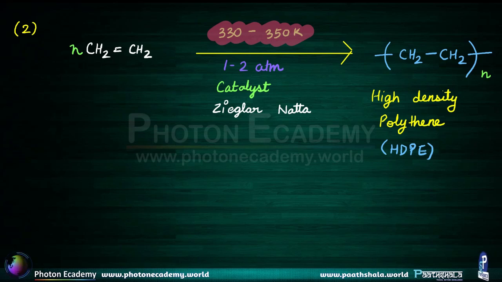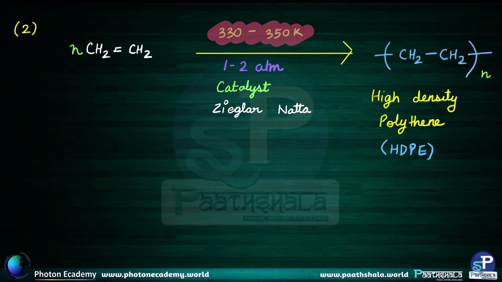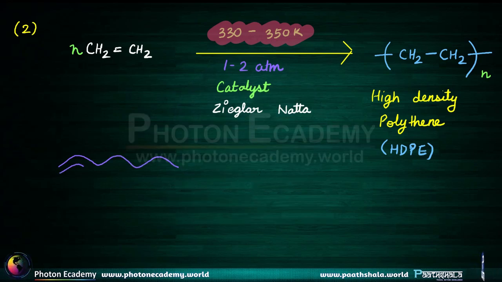And because there is no branching, this is of high quality when we compare it to the previous case of low grade polymer, that was LDPE. Now in this HDPE, since it is of high density, the polymeric chains will be in contact with each other, and since they are very compact, this HDPE is tough.